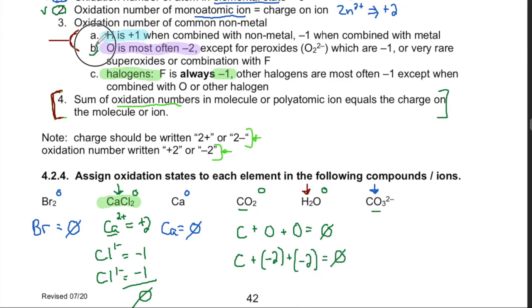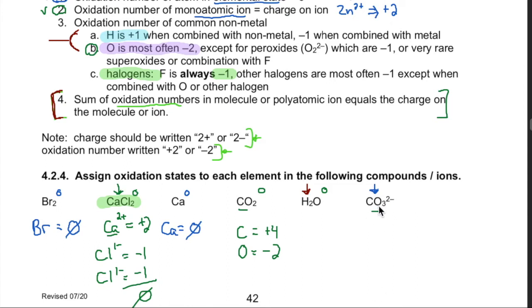We know that from 3b over here. So that gives us carbon -4 equals 0. And so carbon's oxidation number in this compound is a +4. So for carbon dioxide, the oxygens are -2 and the carbon is +4.